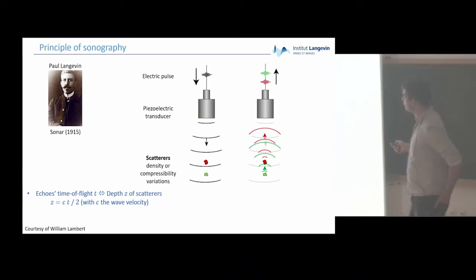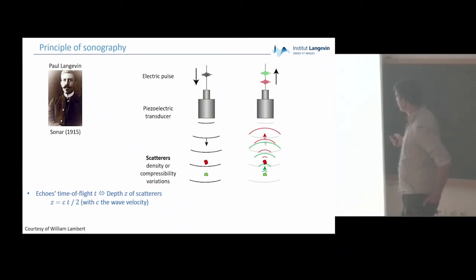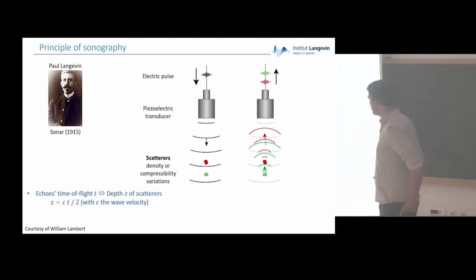You apply an electric pulse to this piezoelectric transducer. It converts into a mechanical wave, and then you get the backscattered echoes that you can analyze on your oscilloscope. And you have these two signals that are associated to two scatterers at different depths. Like that, you can discriminate between scatterers located at different positions.